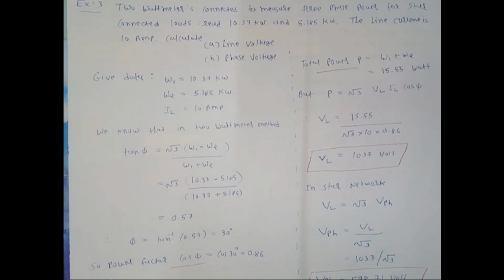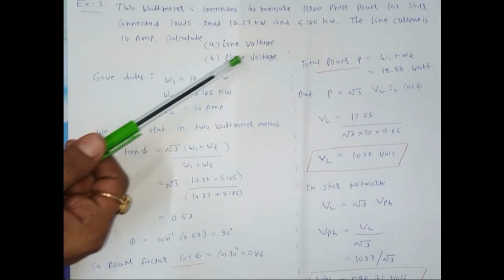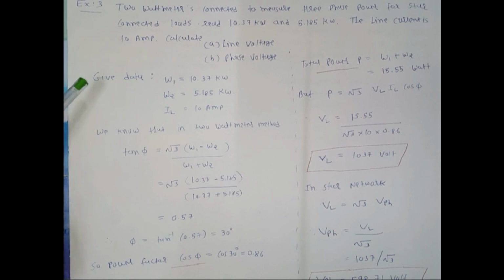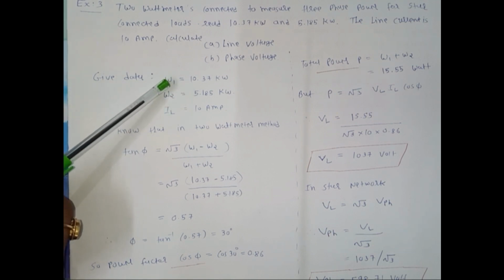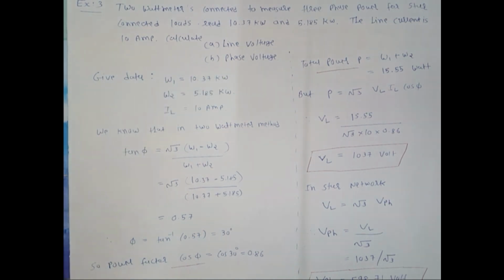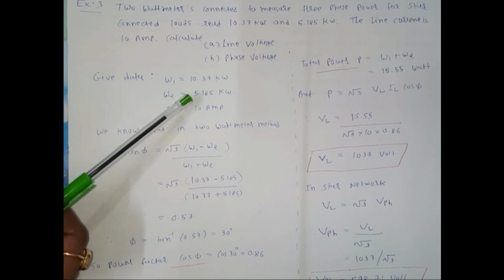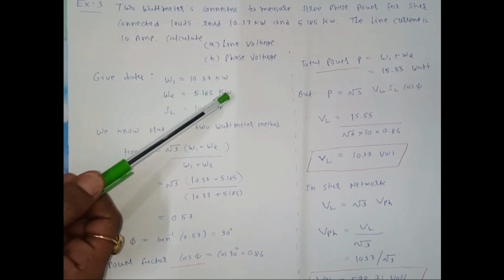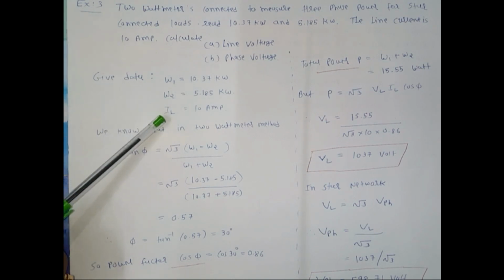So here we have to find line voltage and phase voltage. The given data is W1, the reading of wattmeter 1, 10.37 kilowatt, the reading of the second wattmeter W2 equal to 5.18 kilowatt, and line current IL equals 10 ampere.